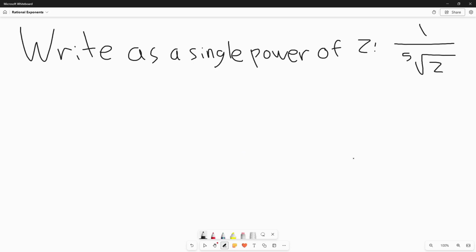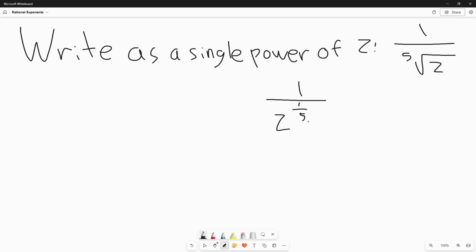This problem asks to simplify 1 over the 5th root of 2 into a single power of 2. And as we stated before, the denominator in this fraction can be rewritten in a different way. And this turns into 1 over 2 to the power of 1 over 5.